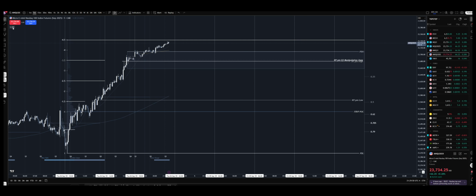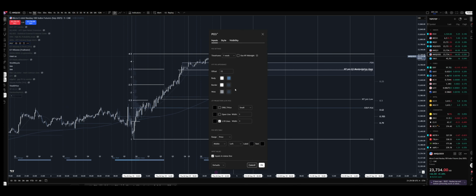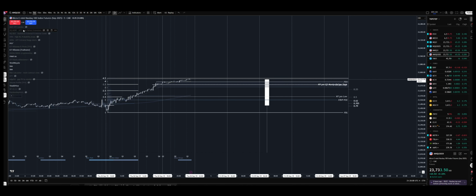If we put our PO3 back on for the week, move this over a little bit. So as we're making new highs, we can also do our fib, which I'm not sure we'll get a TGIF, but we can draw it on.